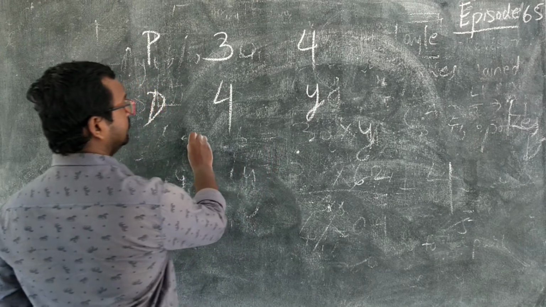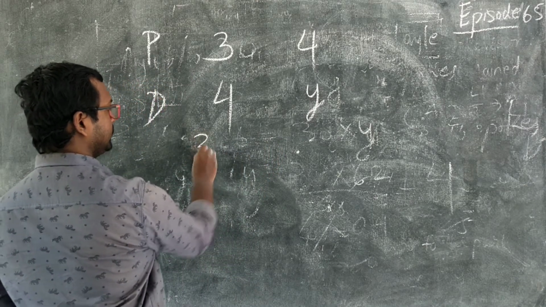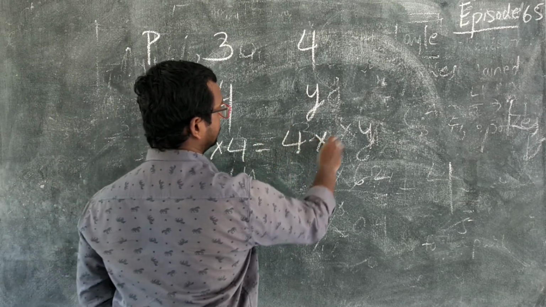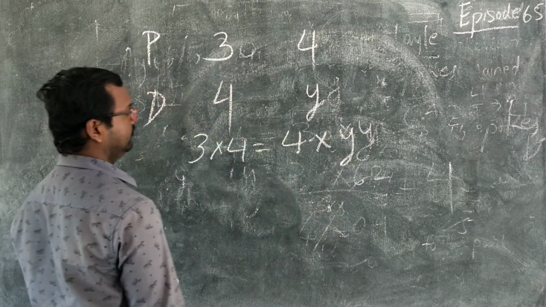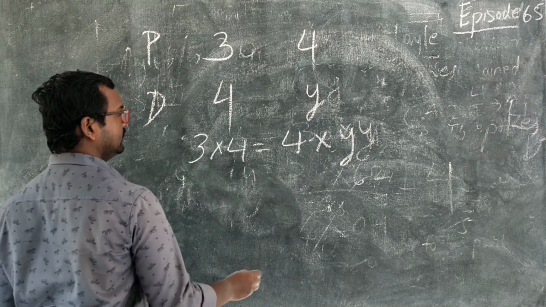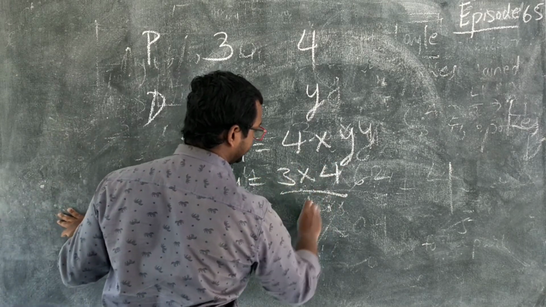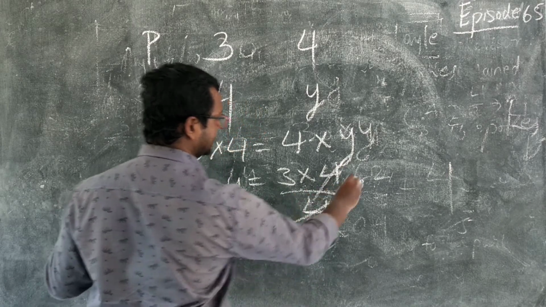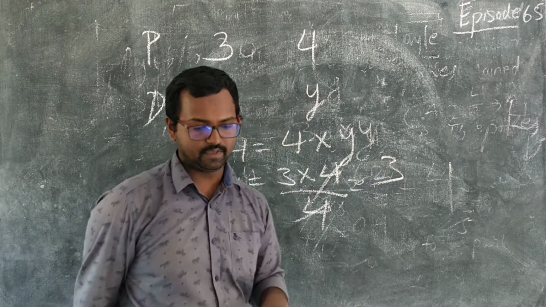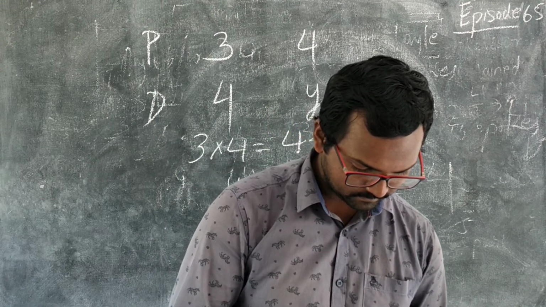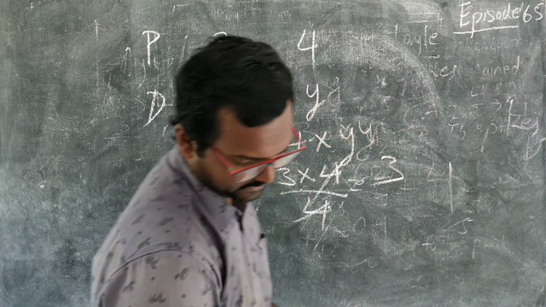Same process, x1 y1 is equal to x2 y2. We have to find the value of y. See, y is equal to 3 into 4 divided by 4. 4 and 4 will cancel, the answer is 3. So it will take only 3 days.